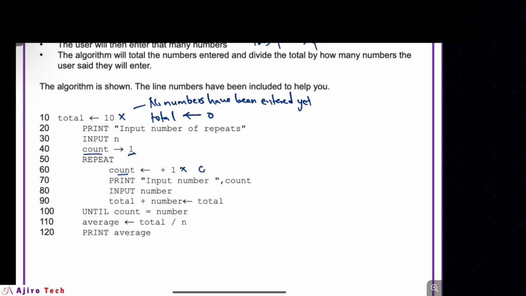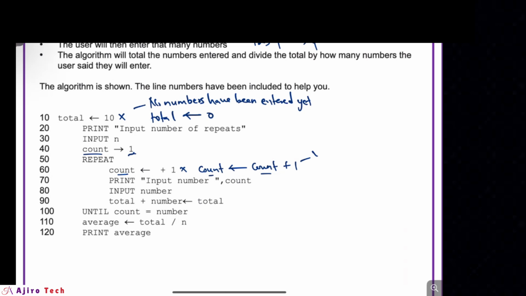The count, okay, then exactly count plus 1. So the count will now go here and then go here. So it has no assignment. So I was wondering, why is that there? Right?